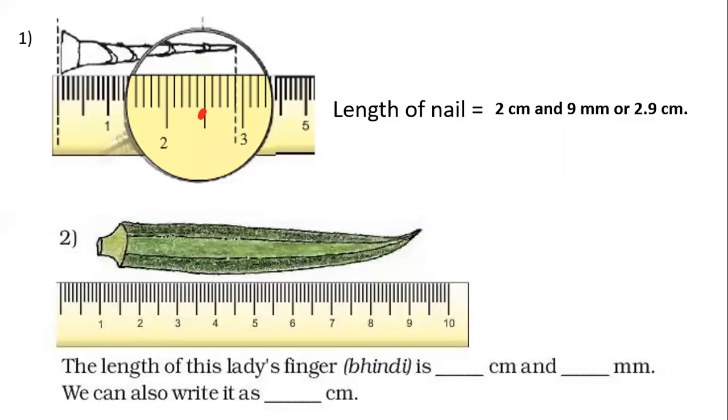As shown there, starting from 0, it is not up to 3, it is before 3. In the magnifying glass, I have shown where it ends, 2.9. 2 centimeters, but not going for 3. It is up to 9 millimeters only.